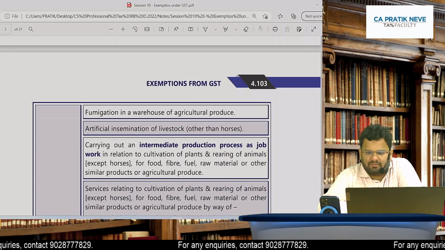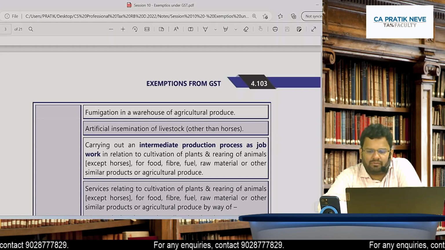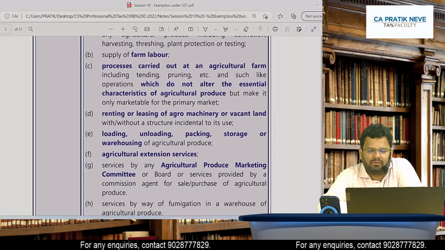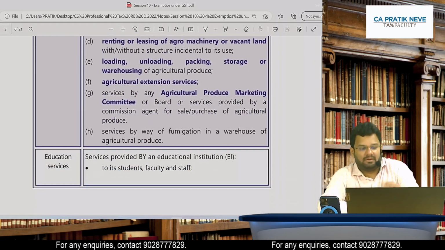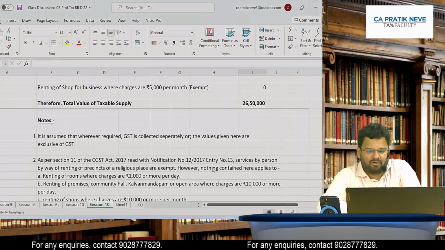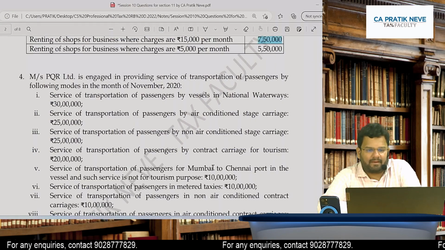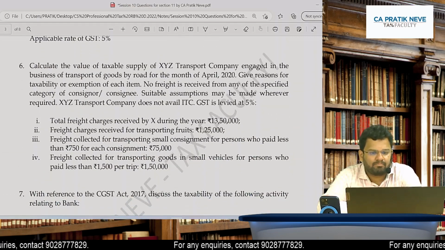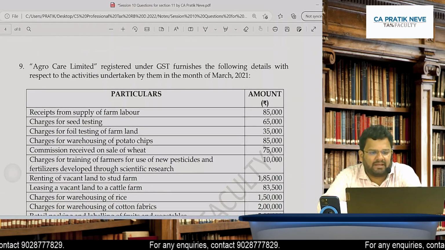So check, easily you will be able to solve a question based on this, and via the question you will be able to recollect this whole service of agriculture related. Check the ninth question.